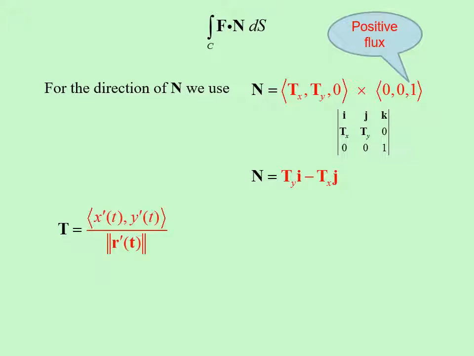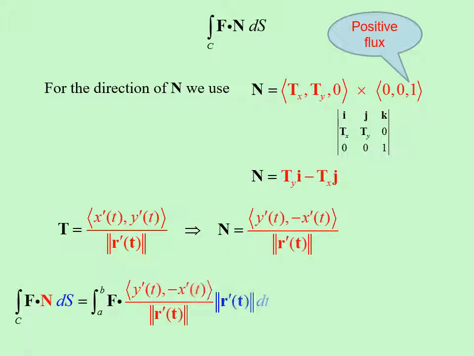So if this is our unit tangent vector, this would be our unit normal vector. And so if we substitute that into F dot N and replace the ds with what we've been replacing it with, this would simplify to F dot, and then the vector that we would dot it with for our flux integral would be y prime comma negative x prime.